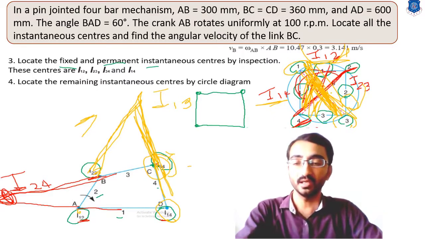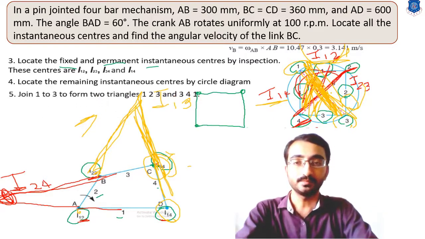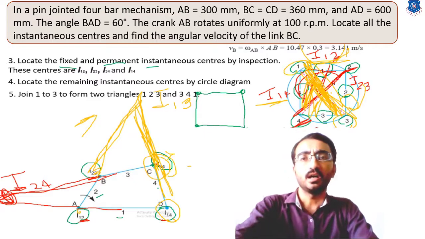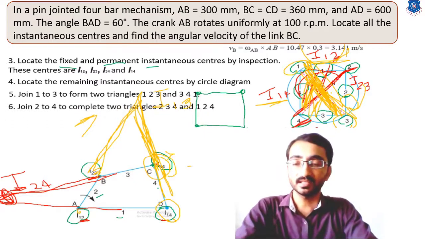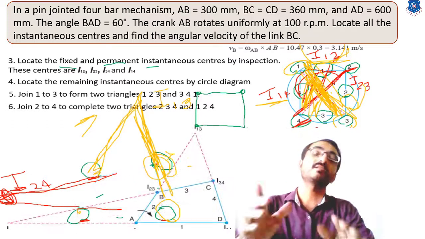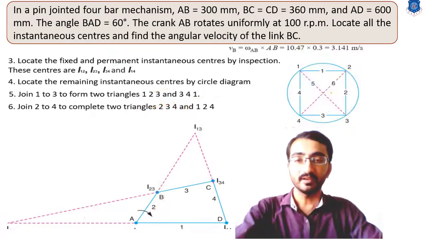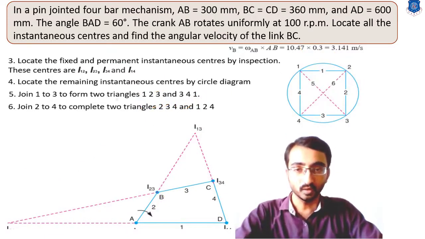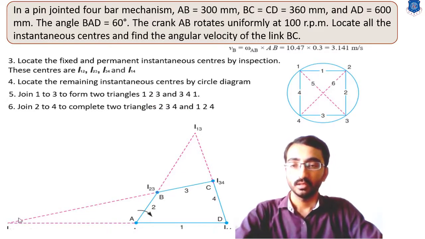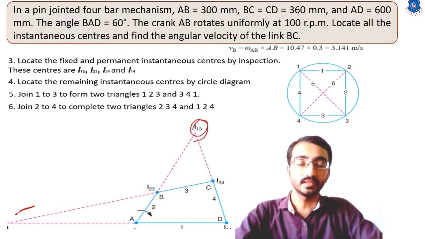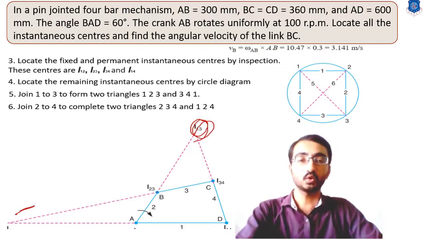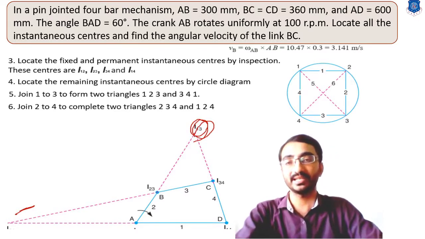Okay, so in this way we can join these 2 triangles by joining these different points, and we can observe these patterns. So over here we have obtained I14, I24 and your I13. In this way you can locate these 2 neither fixed nor permanent instantaneous centers.